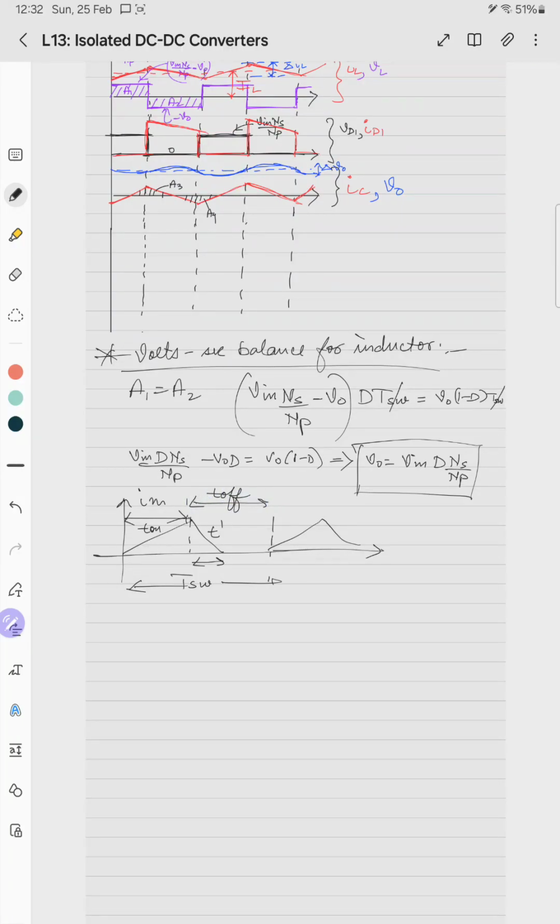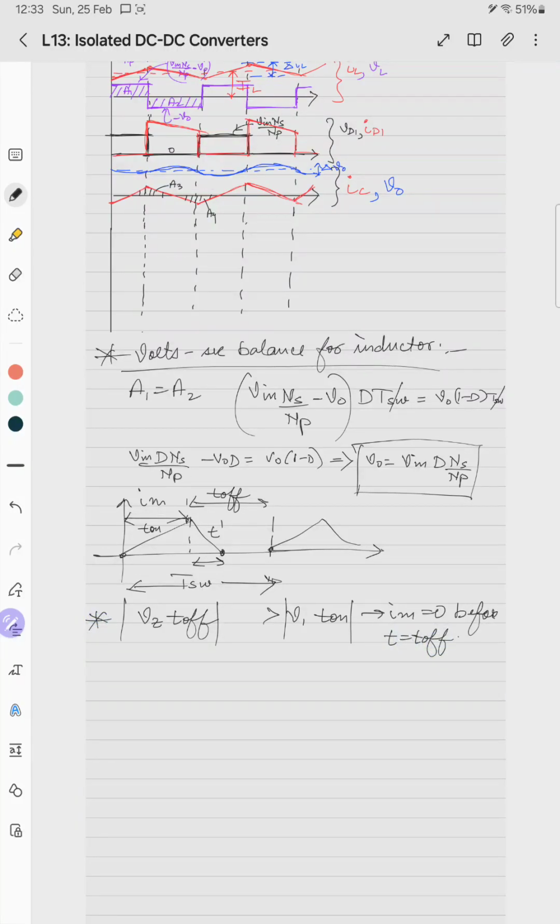Using the Zener, we said that IM should become 0 before the start of every switching cycle, at least it should be 0. So the condition for that is Vz into T off should be greater than V1 into T on in magnitude, then only IM is 0 before the end of T off.